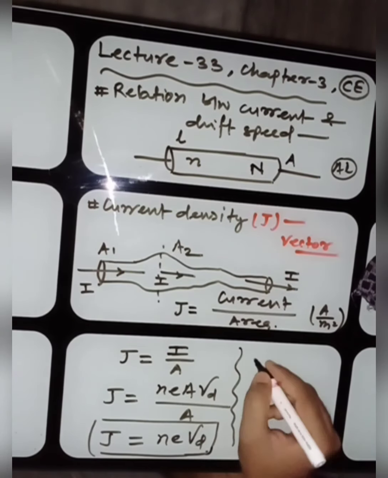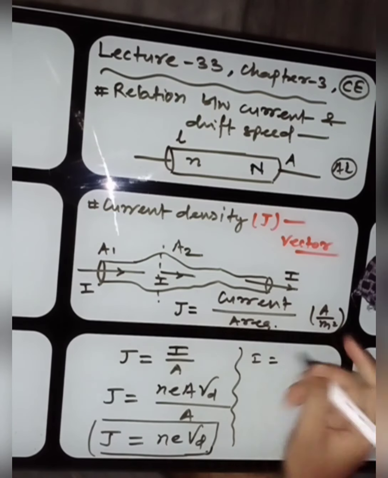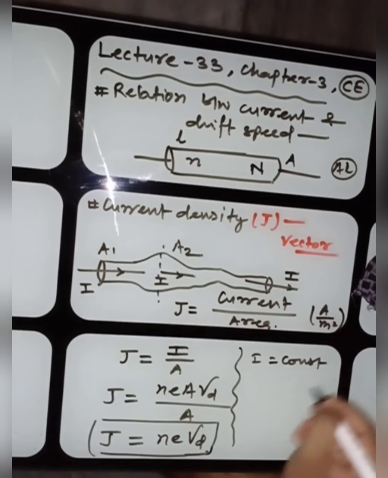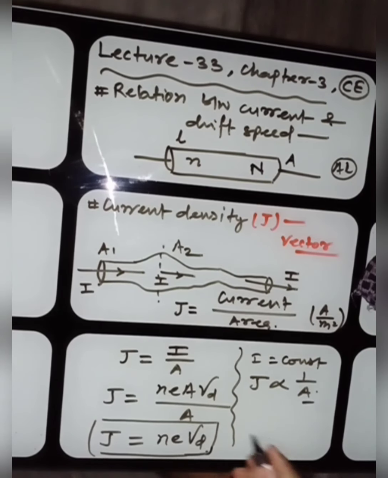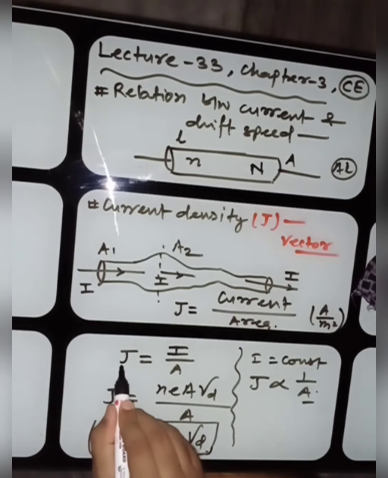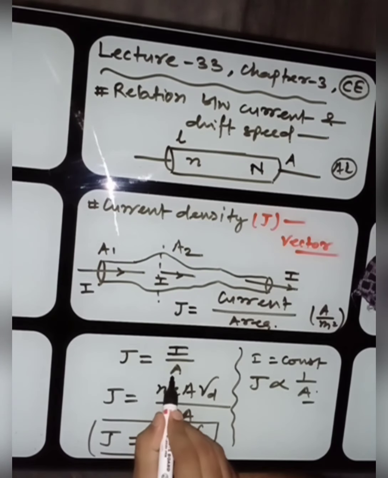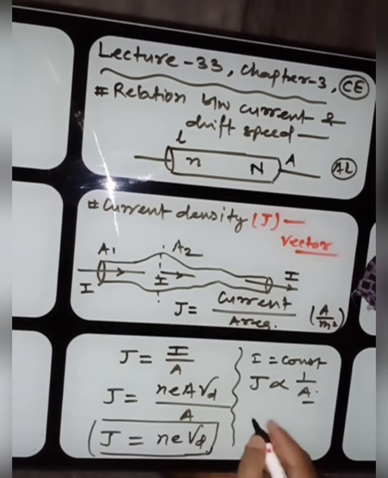Remember, here I is constant through this conductor. If this I is constant, it means this current density is inversely proportional to the cross-sectional area. Okay, my dear students, if this is a vector quantity, area is also a vector quantity, with the surface perpendicular.